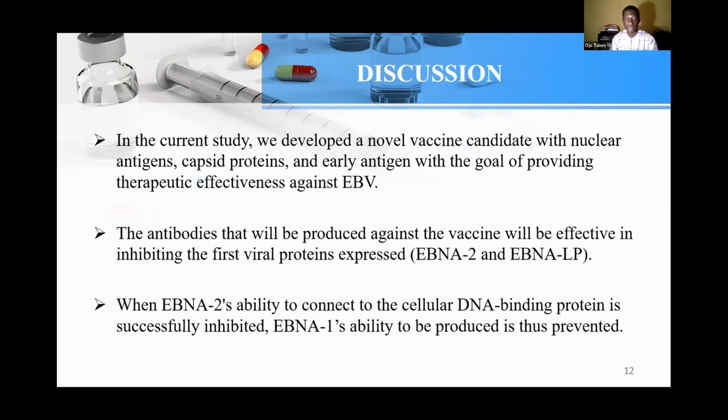And once the EBNA2 cellular DNA binding ability has been successfully inhibited, EBNA1, which is the culprit of multiple sclerosis, will be stopped. So the major driving force of this research is to develop a vaccine that will be able to inhibit the production of EBNA1, which is the culprit of multiple sclerosis.